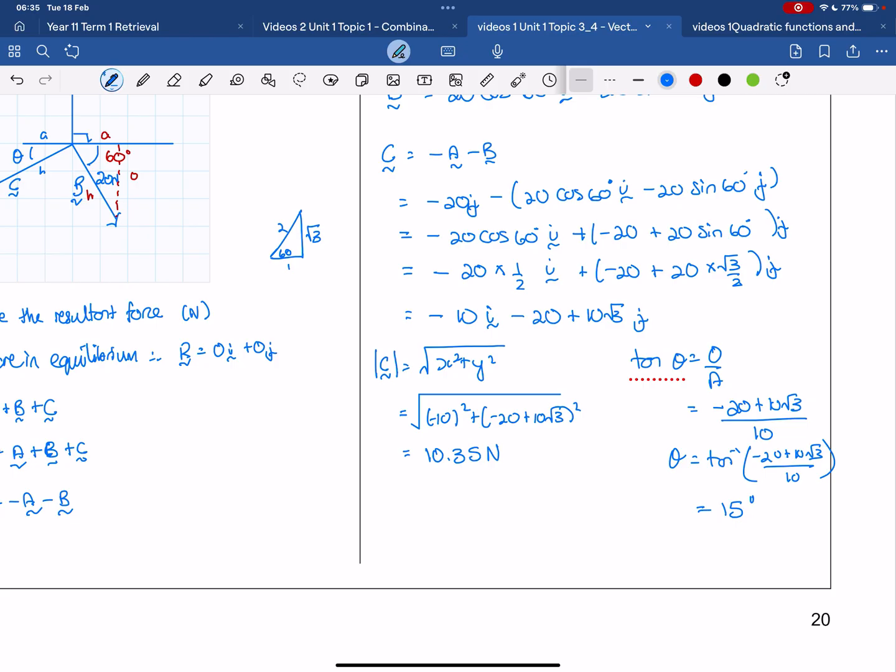However, that just gives us the angle to the negative x-axis.